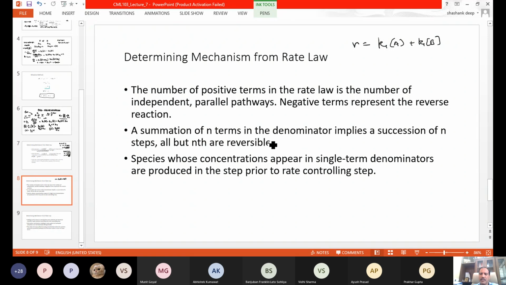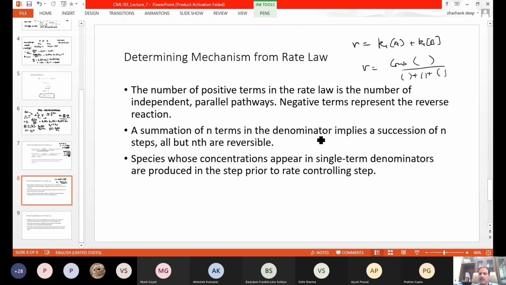I will explain this again by simple examples, but keep this in mind. A summation of n terms in the denominator implies a succession of n steps. So if R is some constant multiplied by concentration terms, and there are three different terms in the denominator, what does that mean?